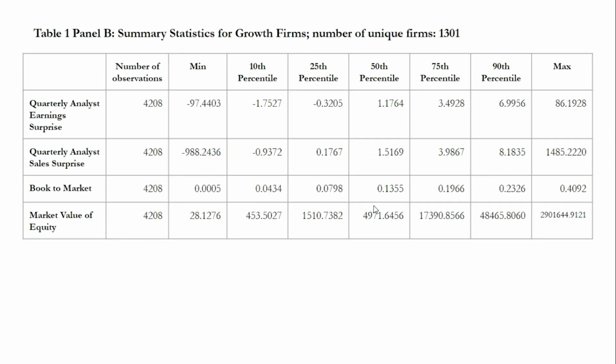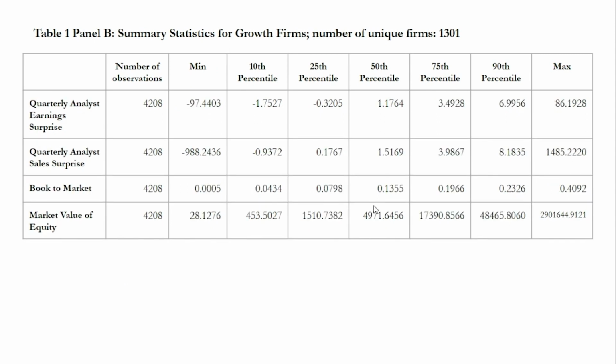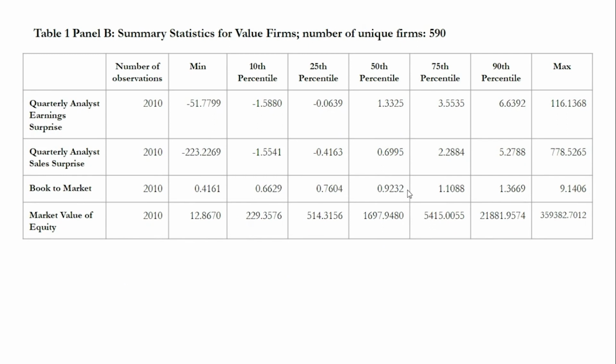And as we can see, let's look at the book to market for growth firms at the 50th percentile, which is 0.13, and the book to market for value firms at the 50th percentile is 0.92. So these guys have much, much bigger book to markets than the growth firms.